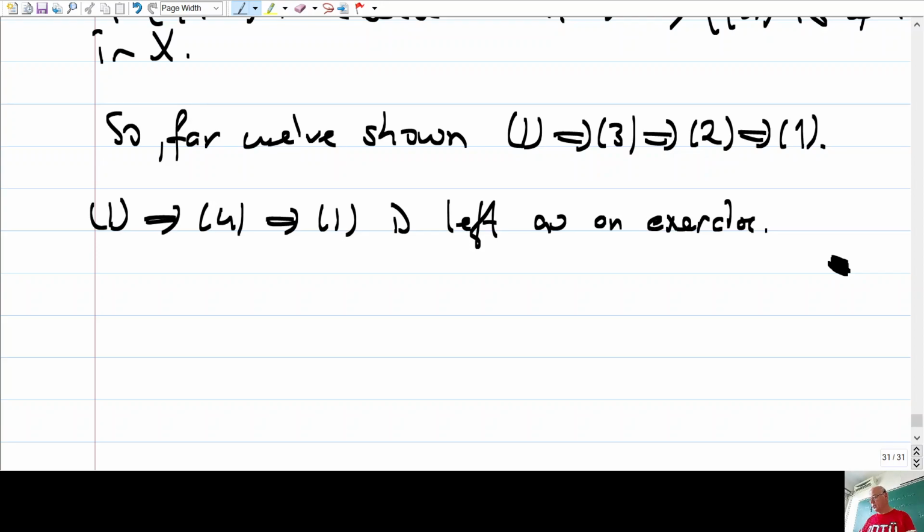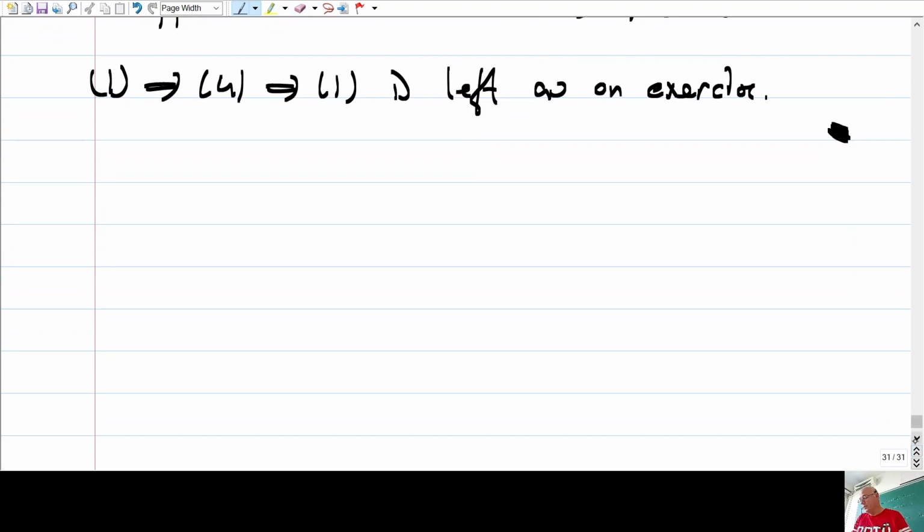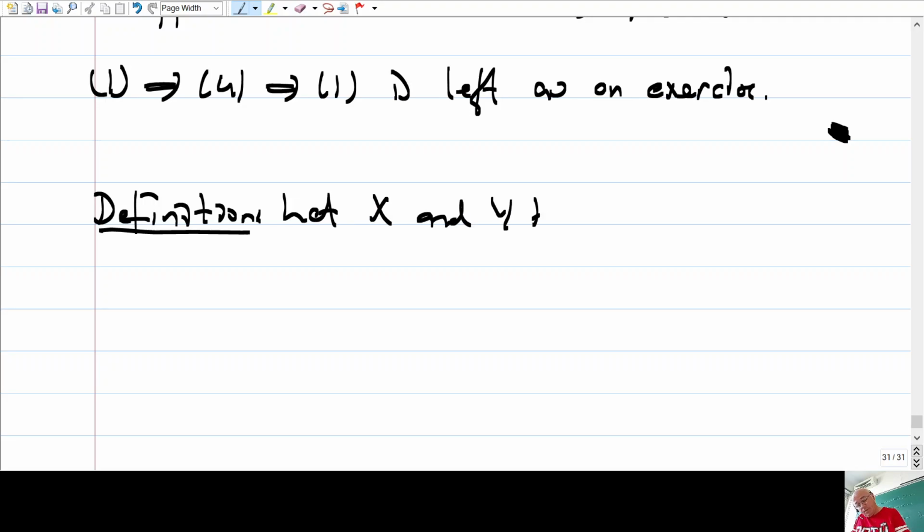All right. Now we have so-called homeomorphisms. Okay, so let me give this as a definition. Let X and Y be topological spaces.